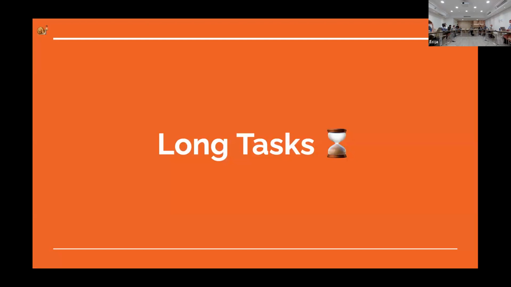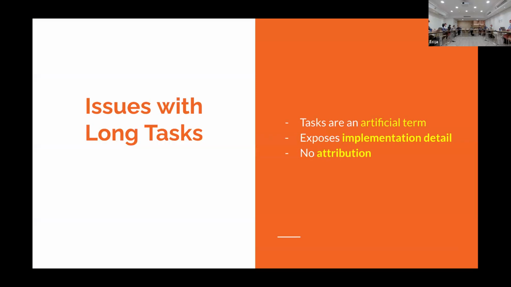So up until now, we had long tasks as a way to do this for quite a while. That's great, but there were three issues that we found with long tasks after several years of using them or seeing people use them in the field. The first and main one is that tasks are an artificial term.